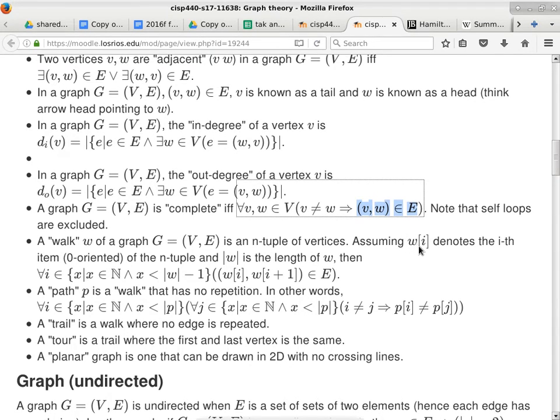So we use W[i] to denote the ith item, which is 0-oriented, of the n-tuple, and |W|, once again borrowing the cardinality symbol, but this time applied to an n-tuple, tells me how many things are in the n-tuple. It is the length of W. Then W is a walk if this condition is met.